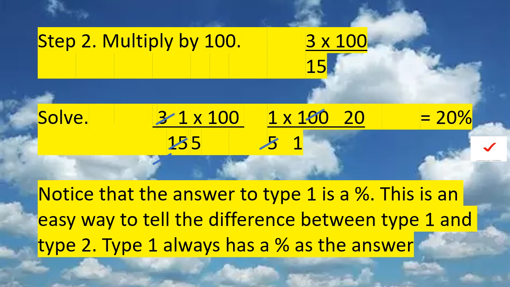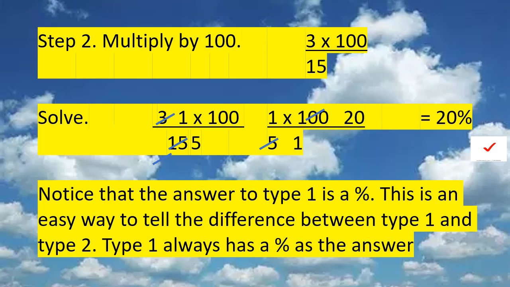And we can divide some things here. So we have 3 on the top and 15 on the bottom. So we can divide both of those by 3. On the top, 3 divided by 3 is 1. On the bottom, 15 divided by 3 is 5. And then we can divide again. We have 5 on the bottom and we have 100 on the top.